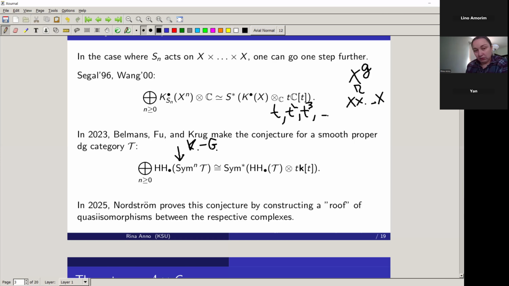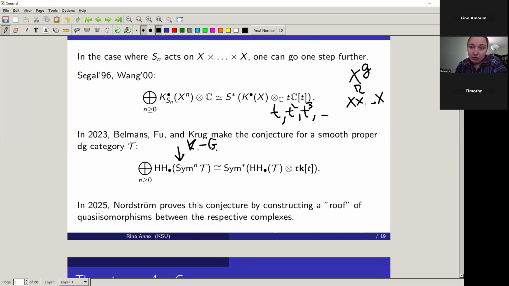I'm a bit confused, probably I'm too ignorant, but what does K-theory have to do with Hochschild homology? Now, if X is an affine variety, we can compare K-theory of X to Hochschild homology of the derived category of coherent sheaves on X.